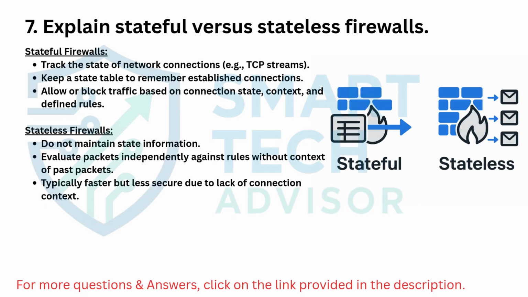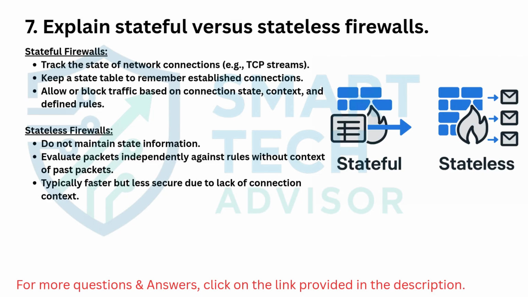Explain stateful versus stateless firewalls. Stateful firewalls track the state of network connections, for example TCP streams. They use a state table to remember established connections, and allow or block traffic based on connection state, context, and defined rules.